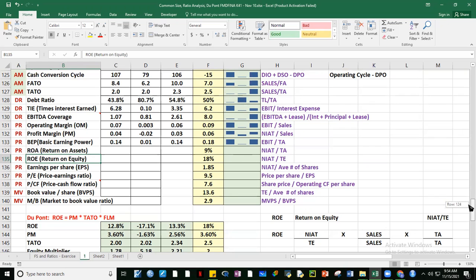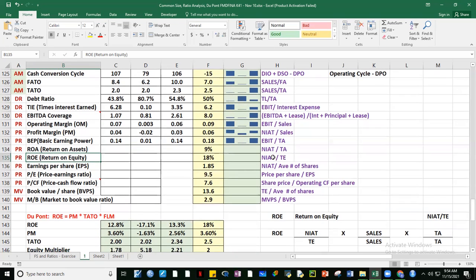So medyo ibang ratio siya kasi hindi natin tinitingnan yung net income after tax but rather net operating profit after tax. Okay? And ROIC, it's a better assessment measure as far as operations is concerned. Kasi di ba pag NIAT, binabawas yung interest expense.